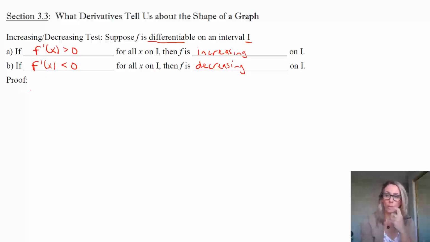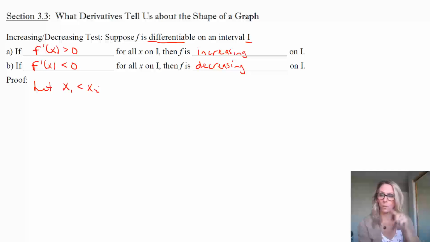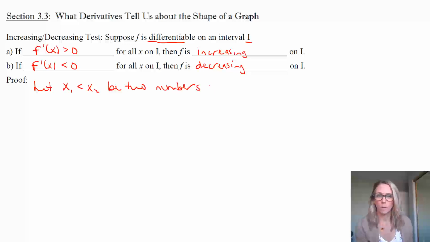So I'm going to do the proof of one side. It's very similar for the other side. So I'm going to do the proof of A. So we have an interval. So let's let x1 be less than x2. So you have an interval where x2 is just greater than x1, going along the x-axis. These are two numbers on that interval somewhere inside it.